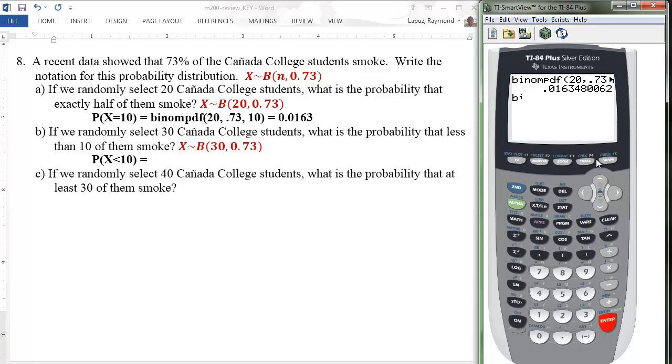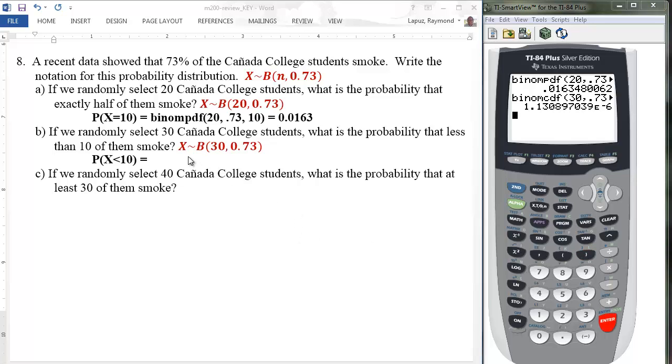So we'll select that. Our N now is 30. Remember, it changed. Our probability hasn't changed. That's still 0.73. And then remember that we're going up to 9. We're not including 10. We only go up to 9. So that's very important for this particular problem.